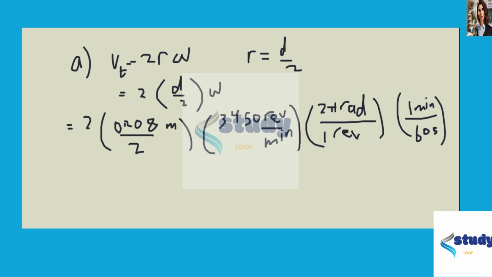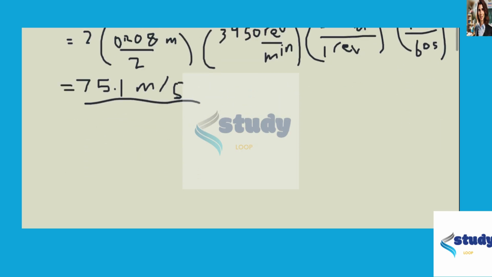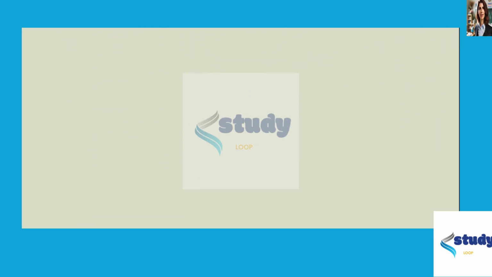So once we carry out this multiplication, we are going to get V equals 75.1 meters per second. So this is the linear speed of the wood that we have. This is part A of the problem.